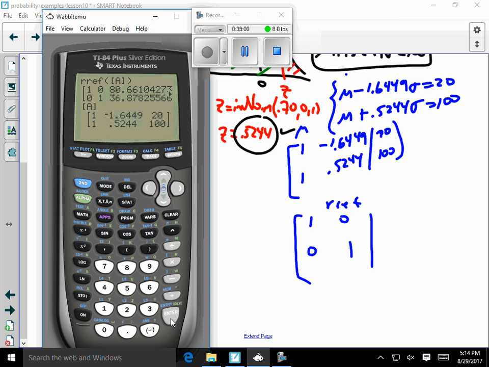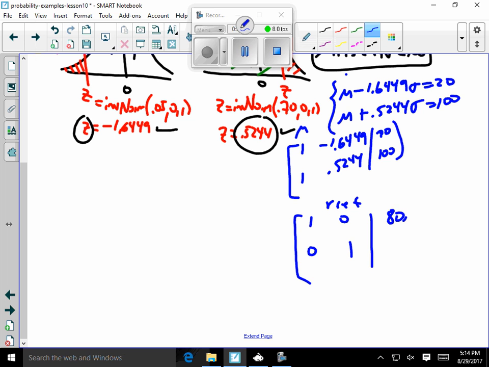This should be 80.7 and 36.9, rounded. Since this is the mu column and this is the sigma column, this equation is now 1 mu equals 80.7, and 1 sigma is 36.9.